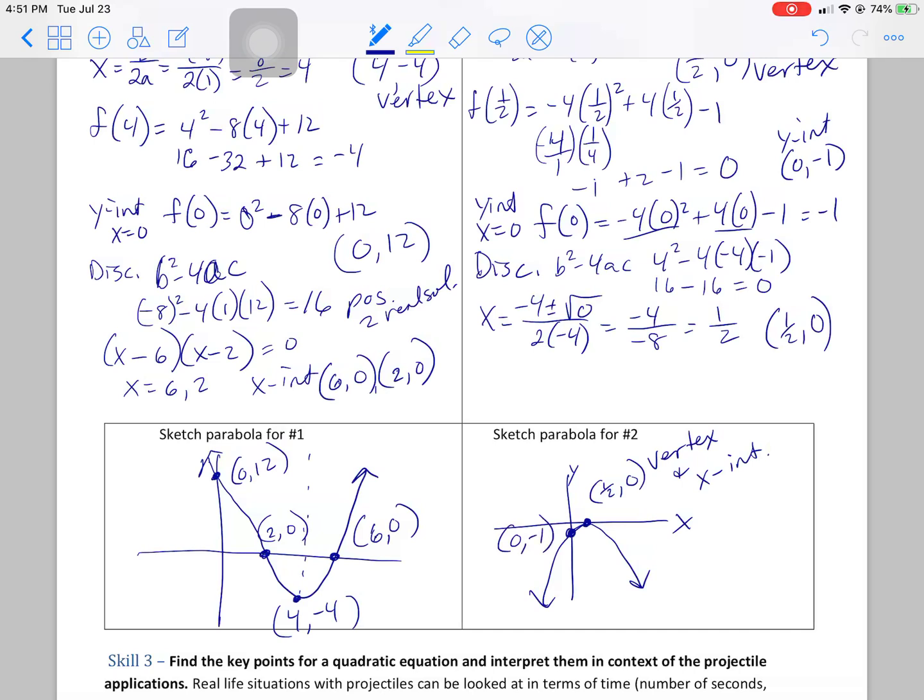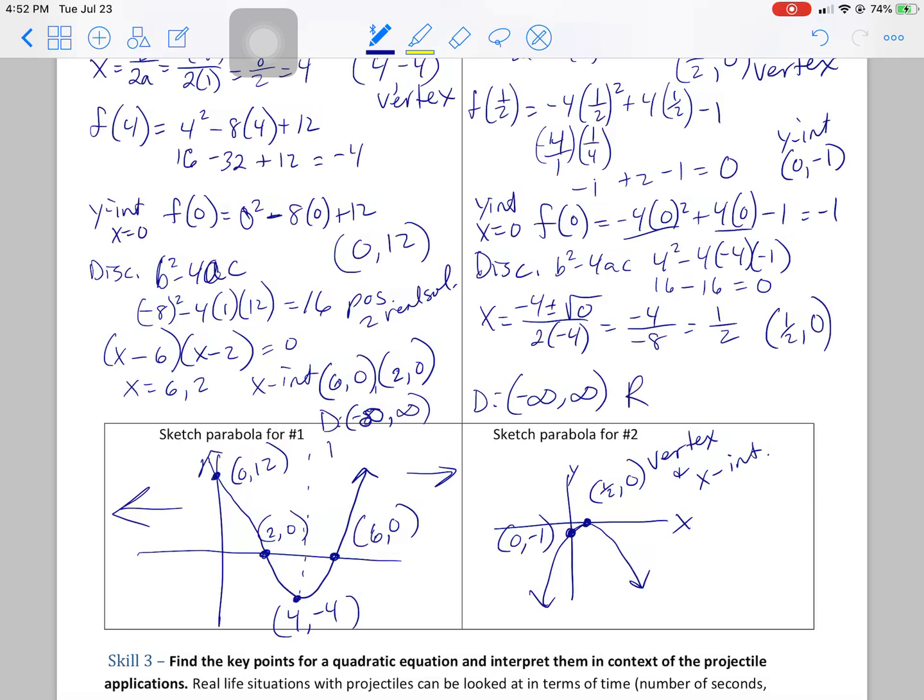Oh, and I forgot my domain and range everywhere. Let's see. Domain is the x's, right? This is going to go out, oops, not 8, that's an infinity. It's going to go this way forever and this way forever. So the domain is always going to be -infinity to +infinity with soft brackets.